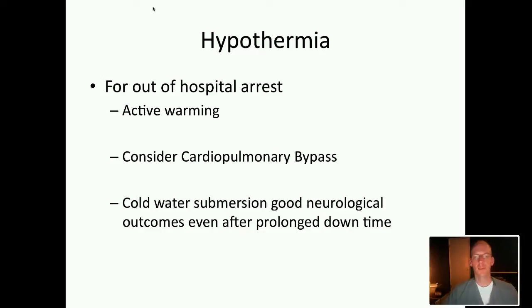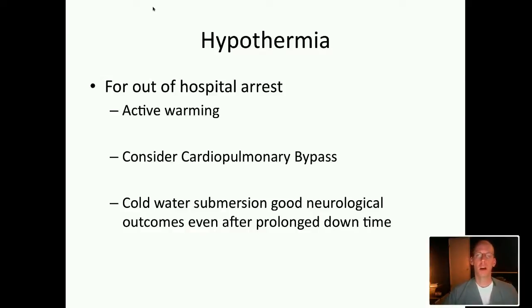Next, hypothermia. This is really, for the most part, only an issue for out-of-hospital arrest, because a hypothermic patient in the hospital has just been dead for a while. So these are the patients that come in from the outside. They've been submerged in cold water, or they were found in the snow. These are the ones where the old adage is you're not dead until you're warm and dead. So active warming means maybe even using cardiopulmonary bypass.